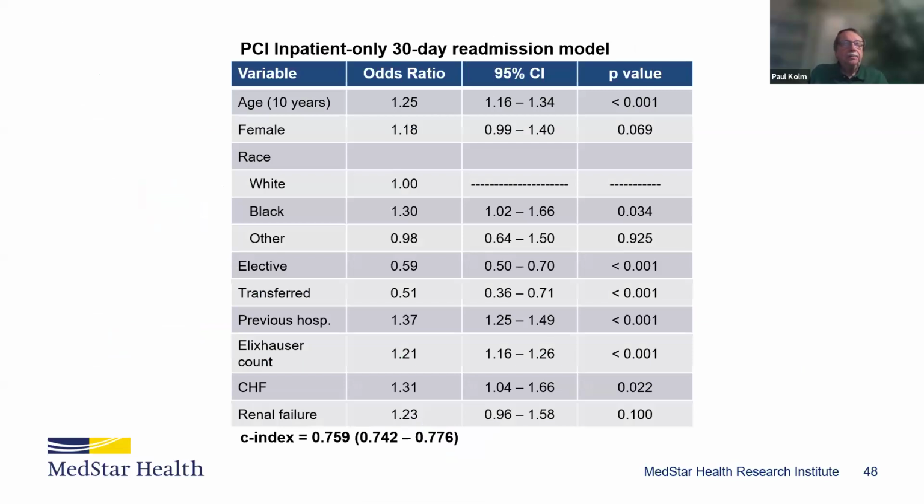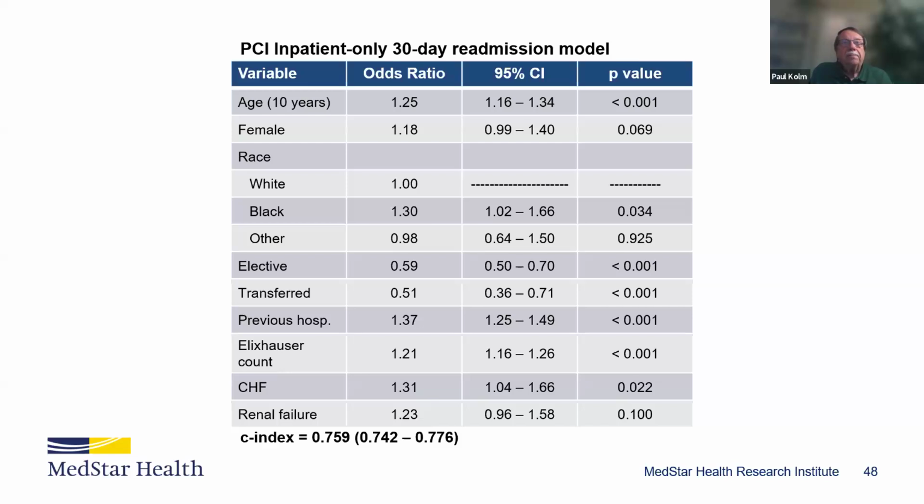For example, for age, we have a significant effect, and we did age in 10-year units. So what the odds ratio means here is that for every 10-year increase in age, the odds ratio is going to increase by 25%.